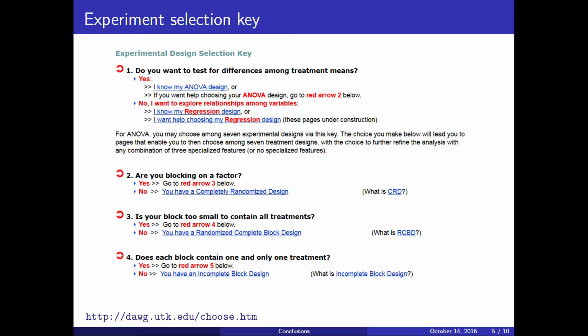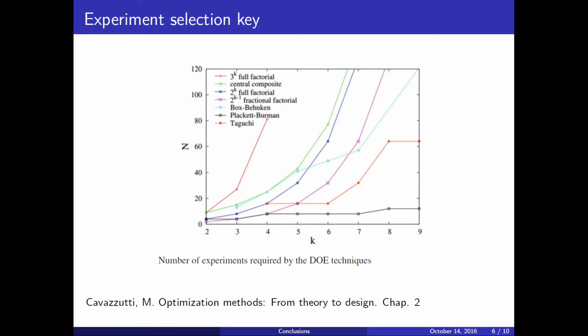So you want to do a regression, so that means continuous variables, or you have discrete factors, so that would be an ANOVA-like design. Then, how many blocks do you have? Can a block hold all the treatments or not? And then you will have incomplete designs or complete designs, and so on. And we have seen all these ideas along the course.